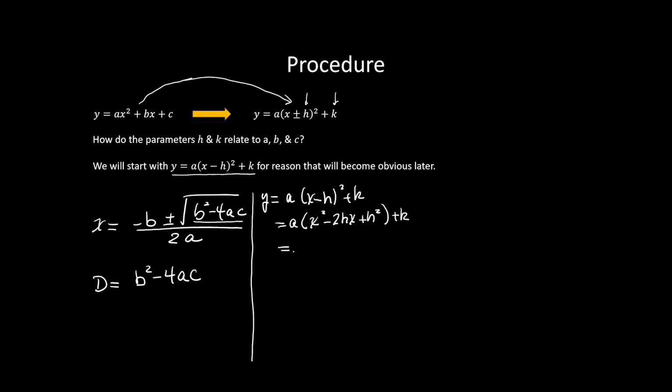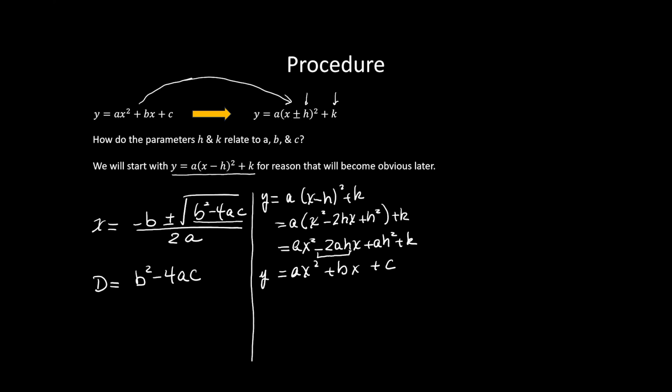So now distribute the a. Ax squared minus 2ahx plus ah squared plus k. Right, now let me write the original equation right underneath it. Now, just by simple comparisons, there's the a.